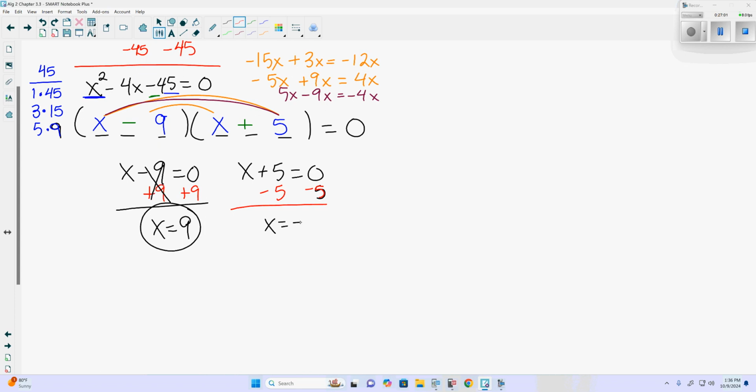Telling us x is equal to negative 5. So our two solutions are 9 and negative 5, yes? Are both of those integers? Yeah, they're non-fraction numbers. That means I could have graphed this and gotten the same answers. But it asked us to factor them. Questions on this here?